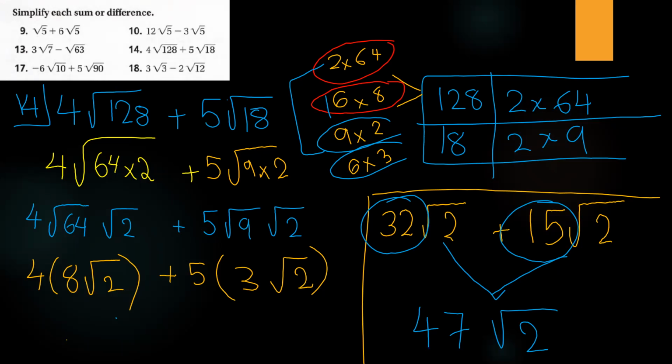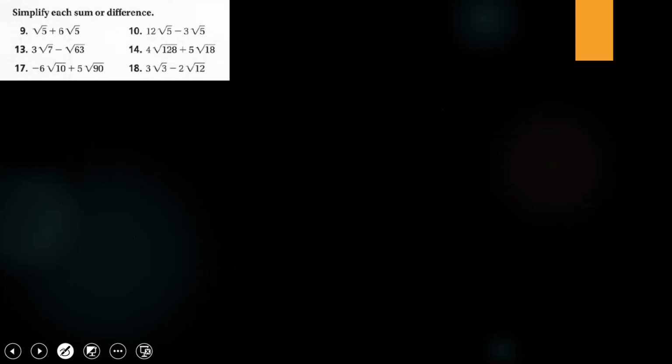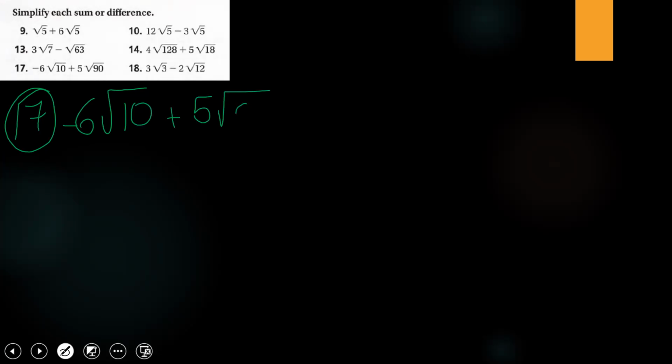Okay. Now let's do number 17. Negative 6 square root of 10 plus 5 square root of 90.